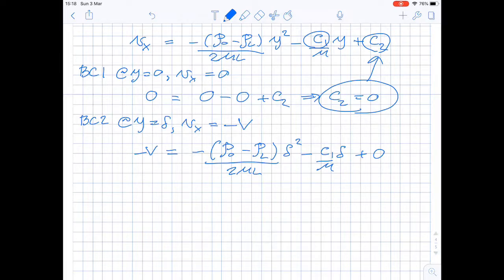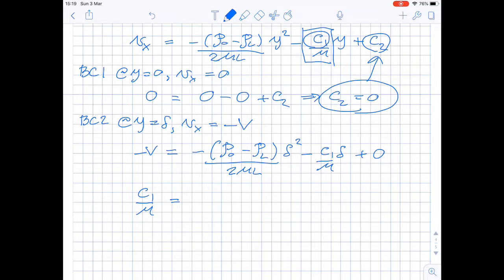Then we can solve for C1. But since in the velocity profile we always have C1 over mu, we don't have to find C1 by itself. All I have to do is just to find C1 over mu.